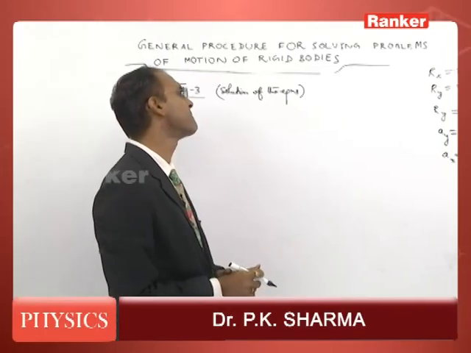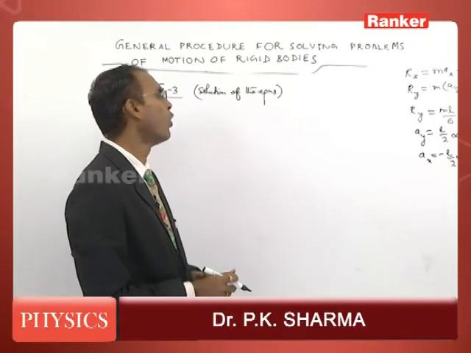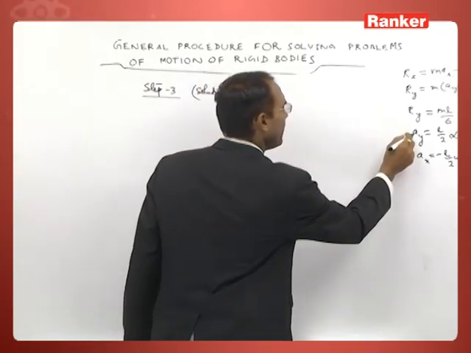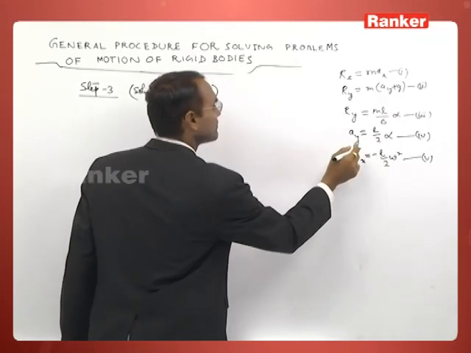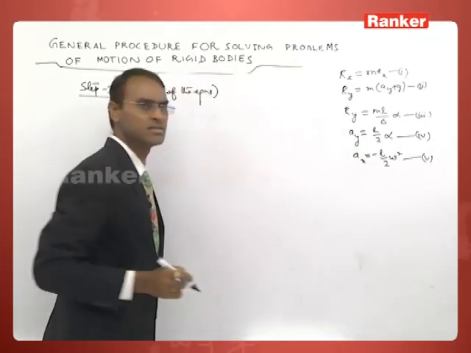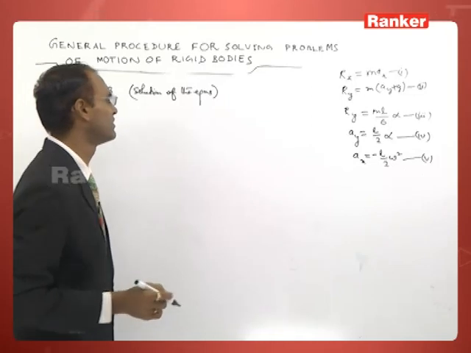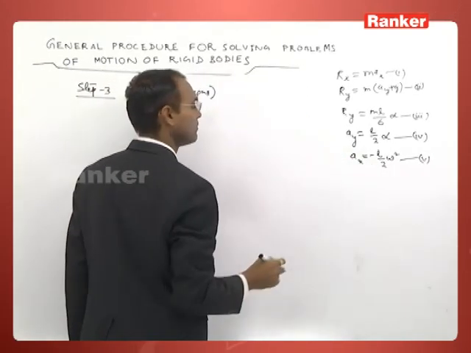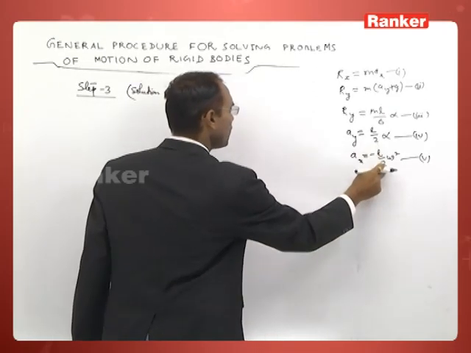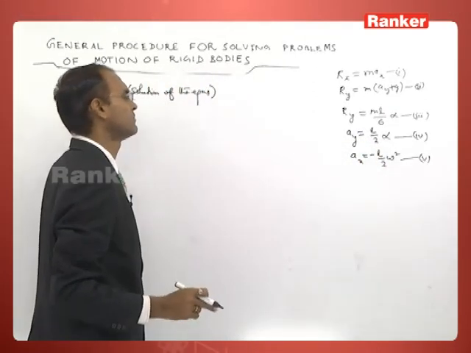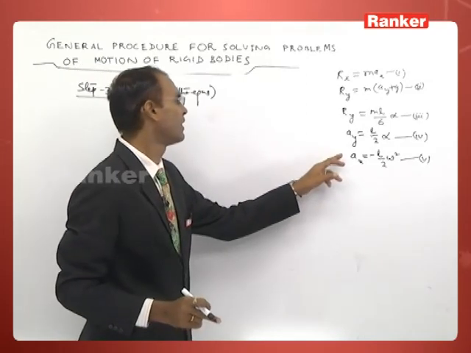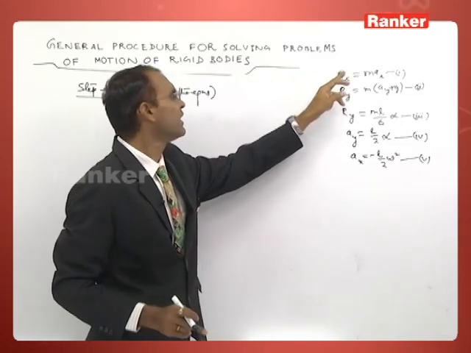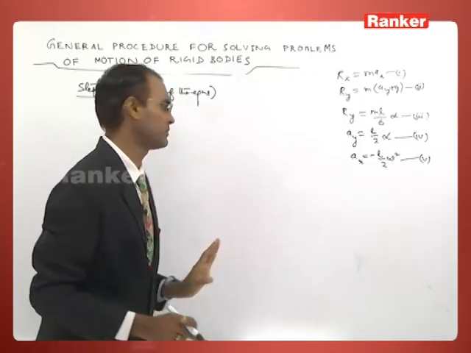Generally, we can use the kinematical equations. x is equal to minus L by 2 into omega square. In this dynamical equation, Rx is equal to m into x.